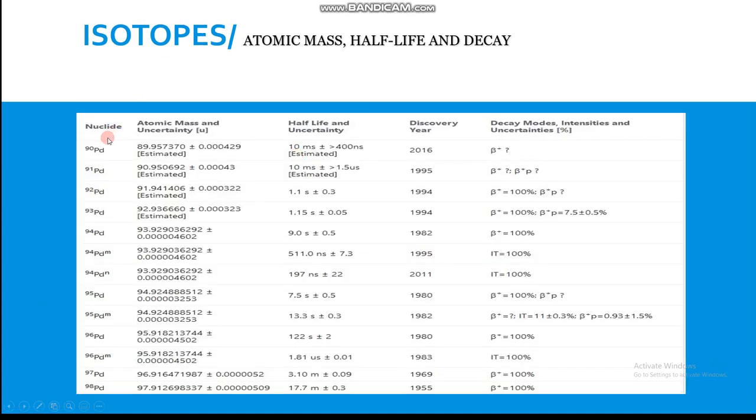As we just said, we have more palladium isotopes, but these are the most common isotopes for palladium. Not all are stable, but the table shows most of palladium isotopes with their atomic masses, half-life, uncertainty, discovery, and decay modes.